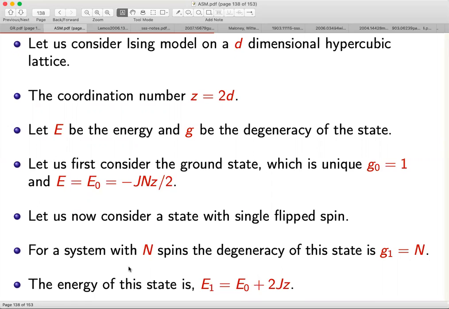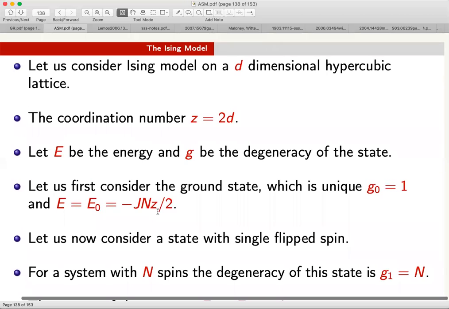If you look at a two-dimensional lattice, if you pick one particular spin somewhere in the middle, it has four nearest neighbors, because we are choosing a square lattice. So you can clearly see that the coordination number is 2D. If you are in D dimensions with a hypercubic lattice, the number of nearest neighbor spins is 2 times the dimension of the space. So we will utilize this fact that the coordination number is going to be 2D. And let's look at the system now.